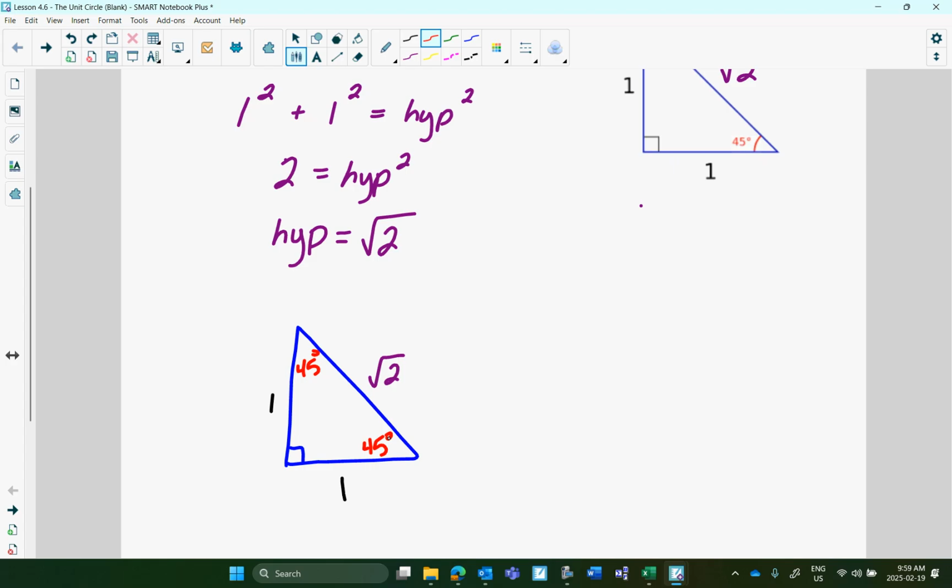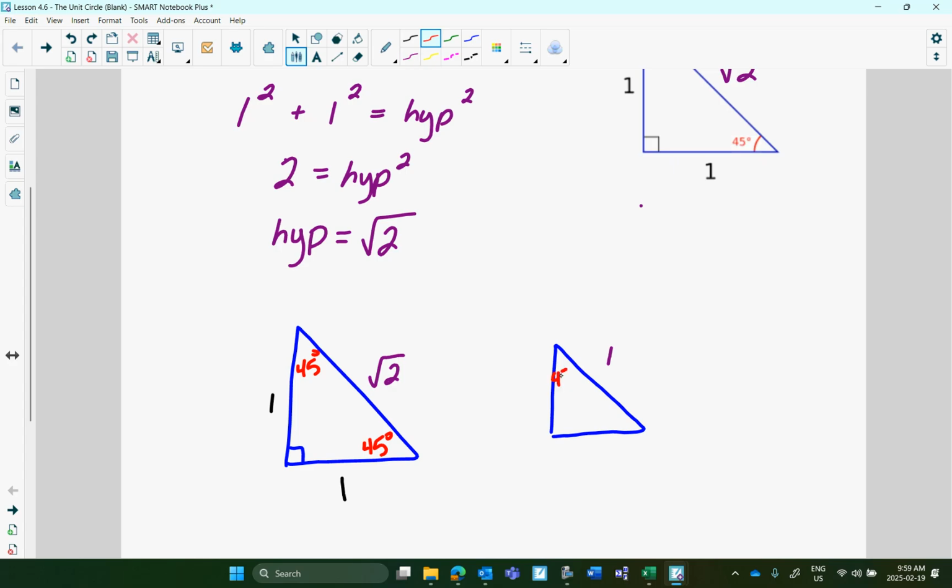What I want to do is create a proportional triangle, a right triangle, where the hypotenuse is not root 2, but it's 1.